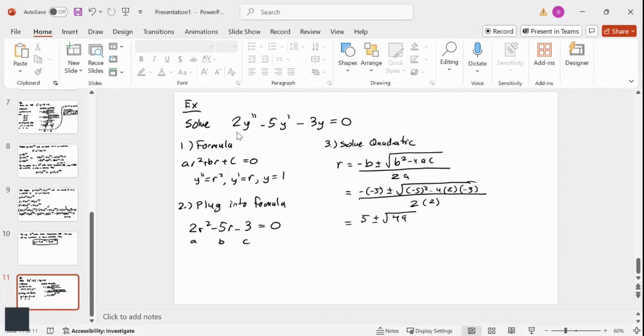That's what you end up getting inside the radical, over 4. And so then r1 is equal to 5 plus 7 over 4, or r2 is equal to 5 minus 7 over 4. And then r1 is going to be equal to 3, or r2 is equal to negative 1/2.